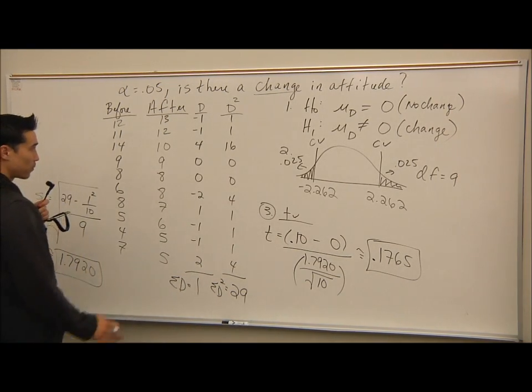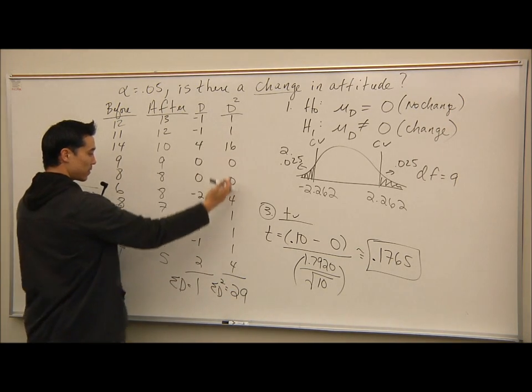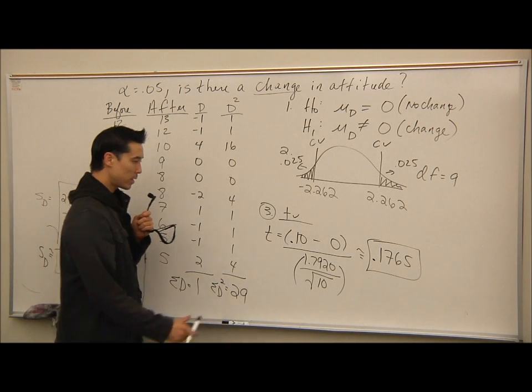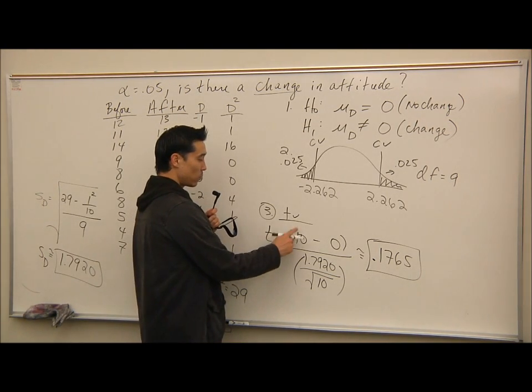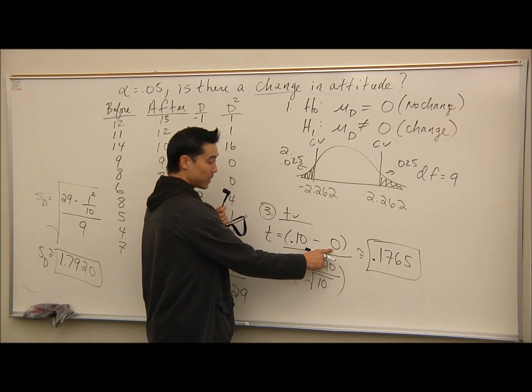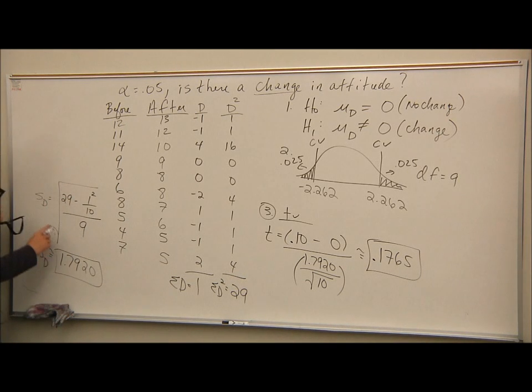Okay, so hopefully everybody got a sum of d of 1, and then a sum of d squared of 29. So then d bar should be 1 divided by 10, which is 0.10. The hypothesized mean difference should be 0, and the s sub d should be the square root of 29 minus 1 squared over 10, divided by 9, and in my calculator I got approximately 1.7920 for that.